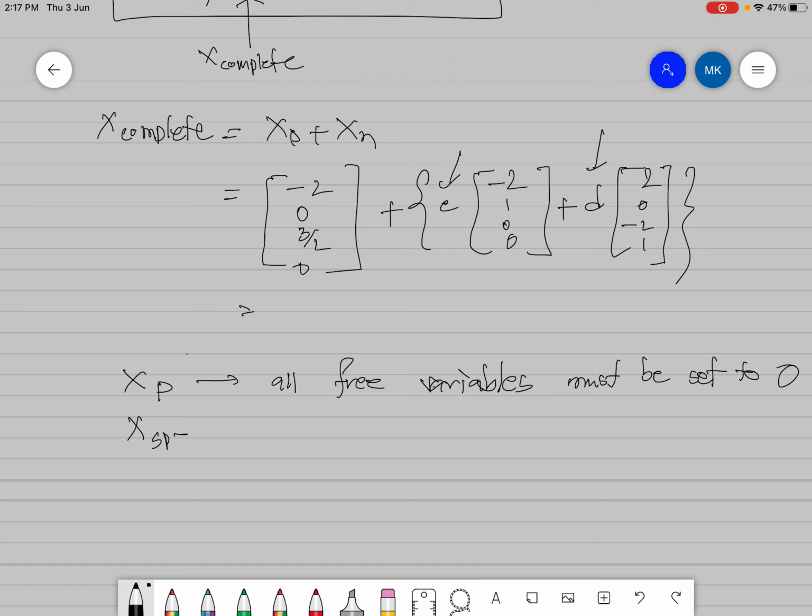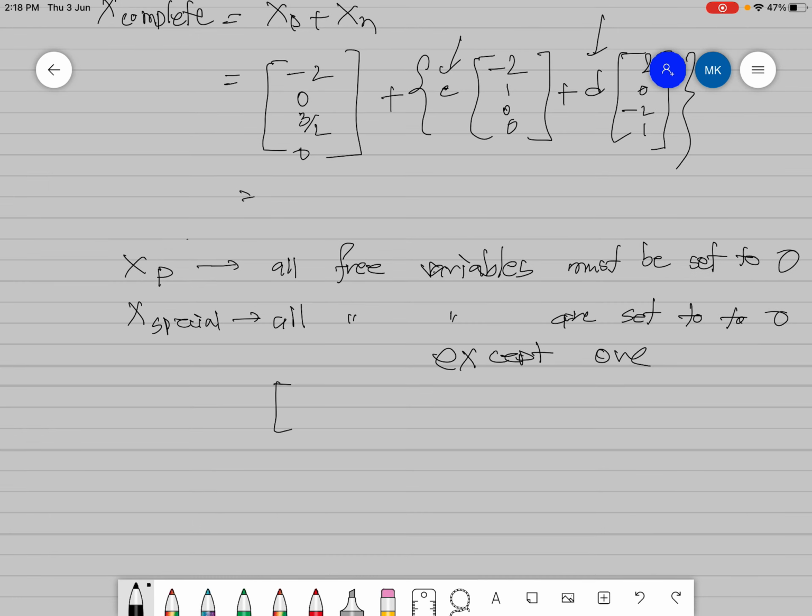And for x special, all free variables are set to 0 except one, or it can be rewritten as one of the free variables must be set to 1.